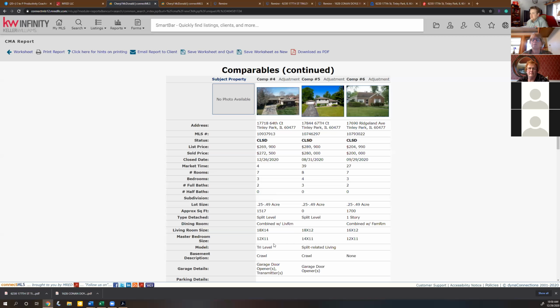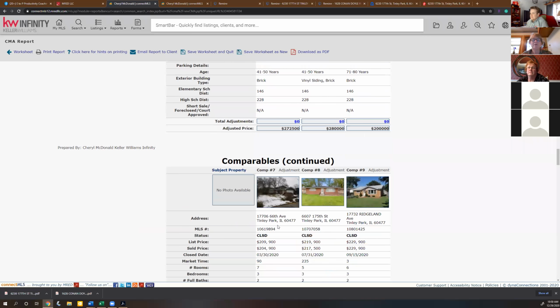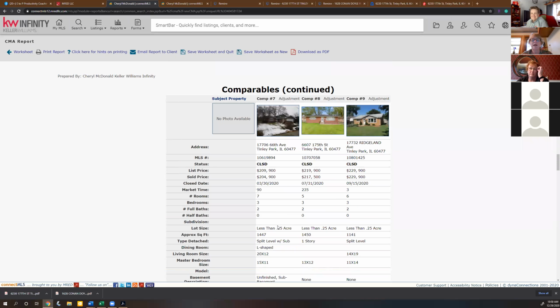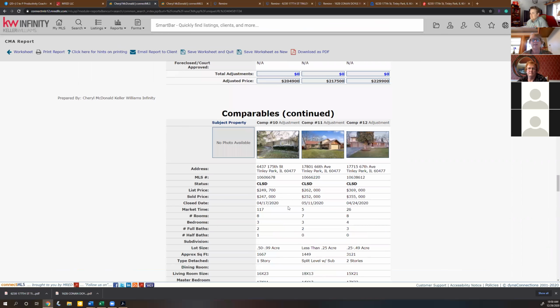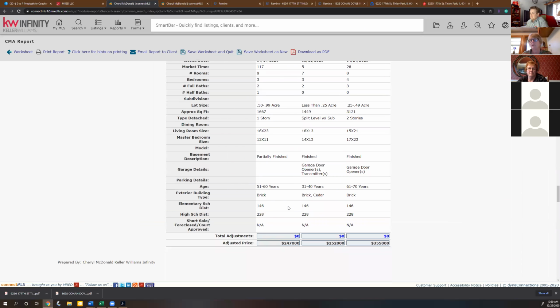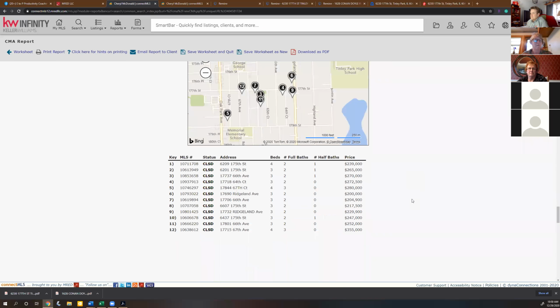Tri-level, that's probably the closest to what we have. And we are on 1/4 acre. I think of your house as being very desirable for those people that can't afford the big custom homes but can live in that neighborhood. Dead end, bigger yard, and a basement, which none of the others have.